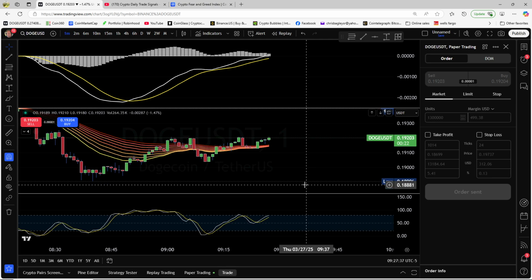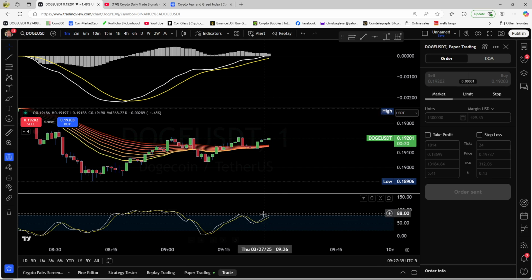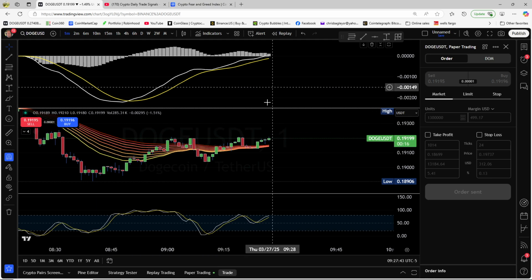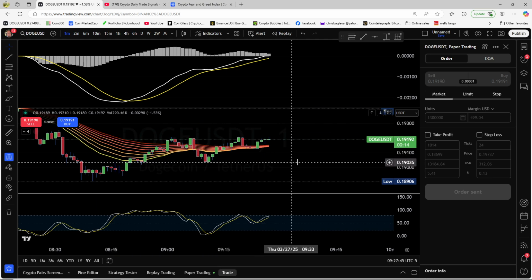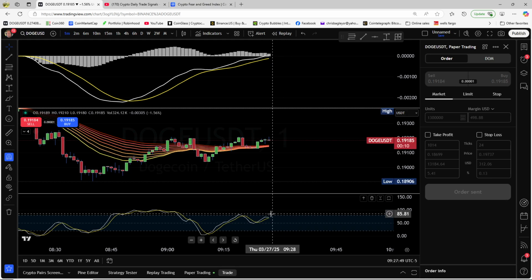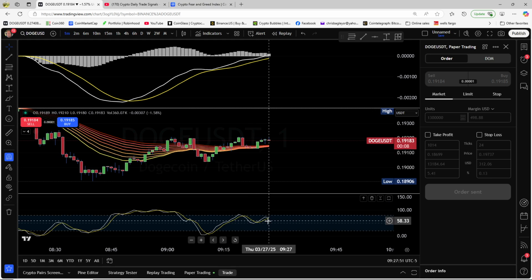Yeah, when we get this high on the stochastic, I'm afraid to take any buys, especially on a 1 minute time frame, because it's so volatile. If I would have taken a buy because it was going up, I'd already be in the hole.